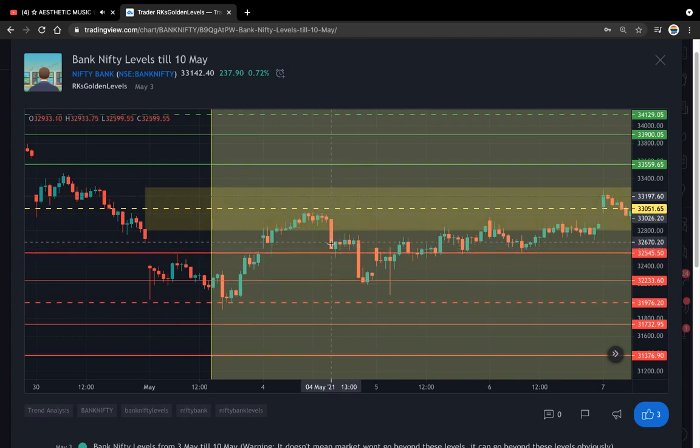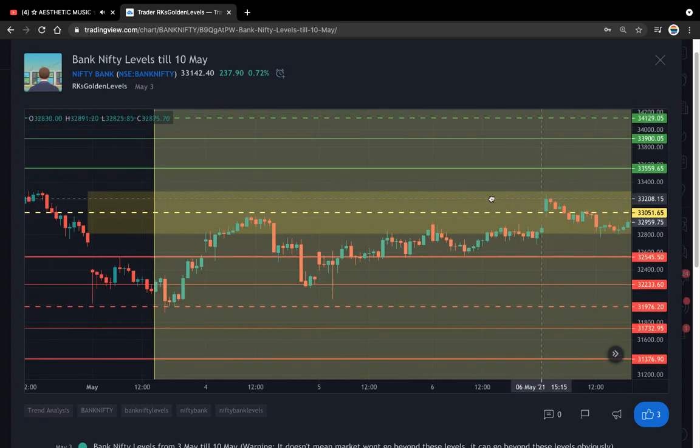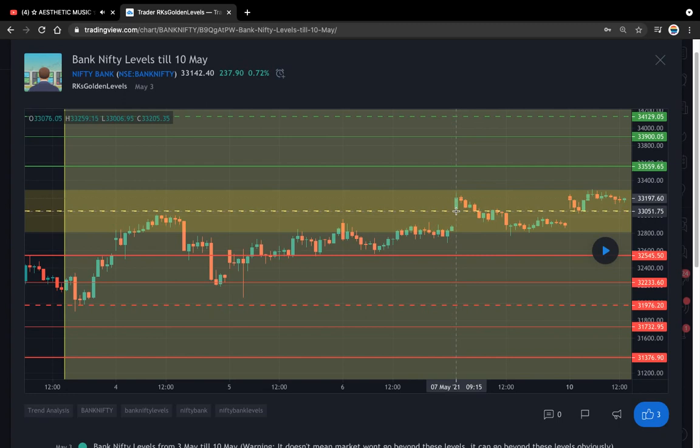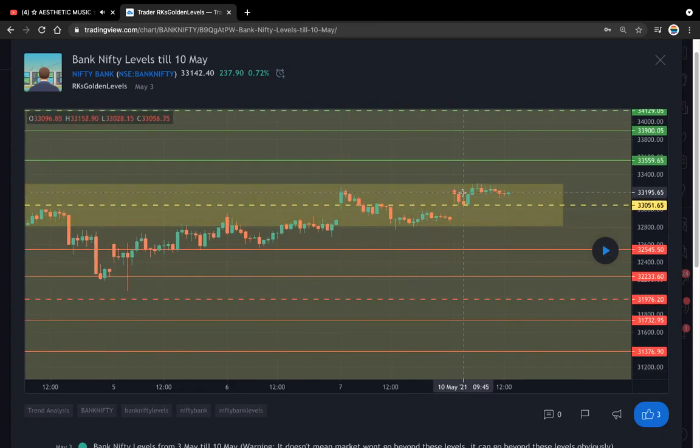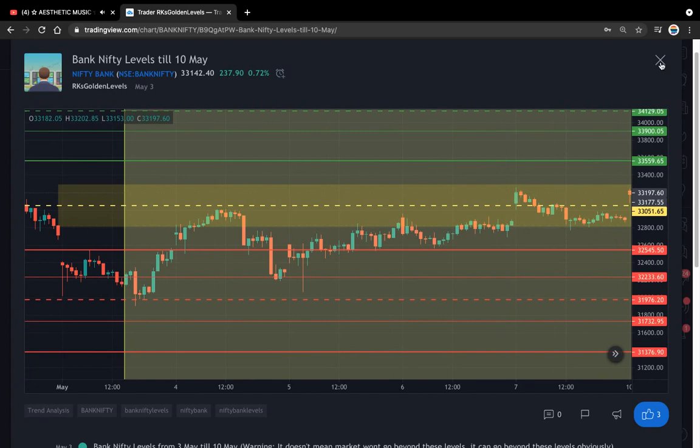It took the resistance over here, and once it broke, it reached here, took reversal, then went till this level, and even touched this level. Absolutely, see how perfectly it works. This level, this level, this level work really perfectly.